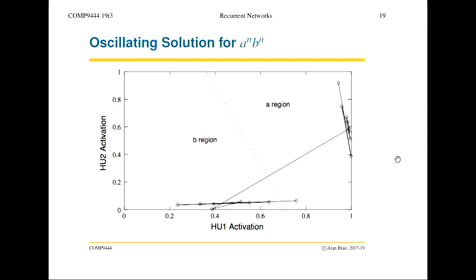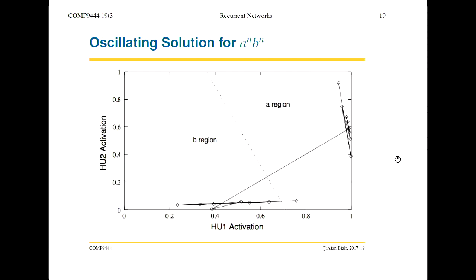And then when you process the first B, it jumps over to here, and then with the next B's, it kind of oscillates outward from this point and eventually crosses the line to predict. So anything on this side of the line, it's predicting a B, and then on this side of the line, it's predicting an A.